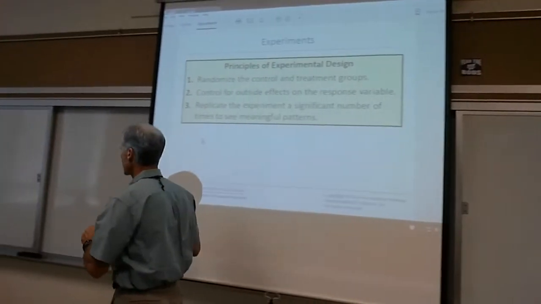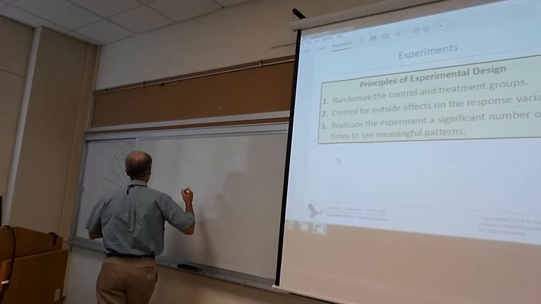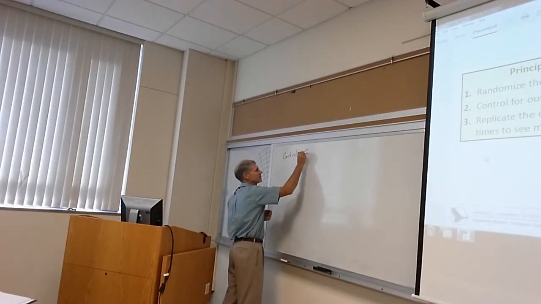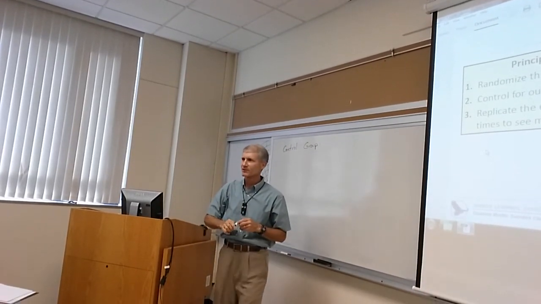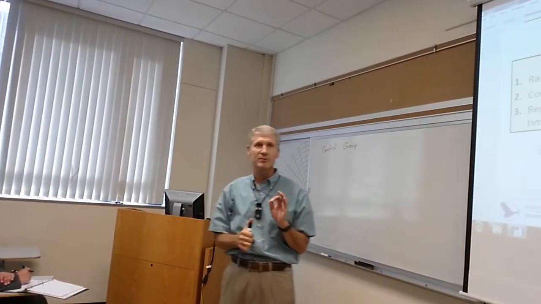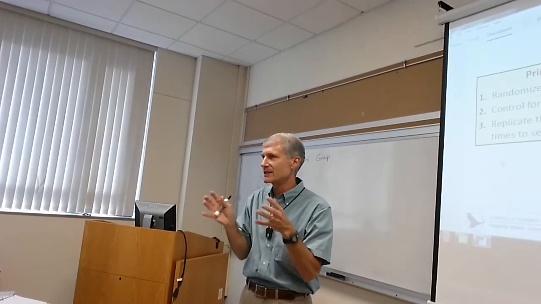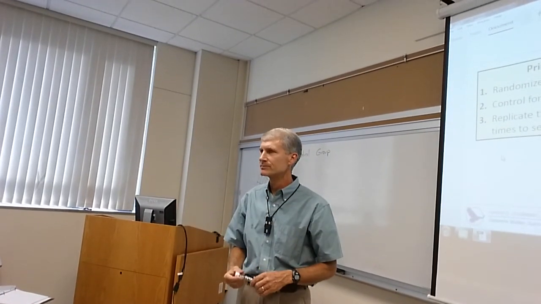Actually, before I get to that, I can't remember if last time I defined what we mean by control group. By now, I've said it enough times, you should have a good sense of it. But in an experiment, it's really important to figure out, well, what is my control group? And what's the best way to treat that control group? So what do we mean by control group?